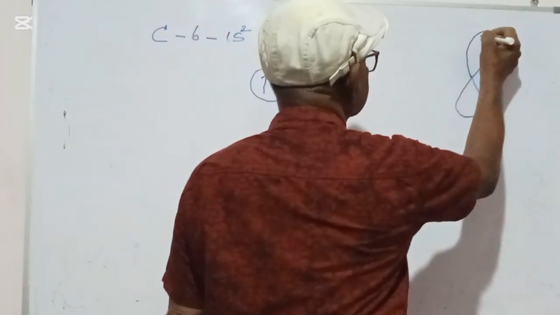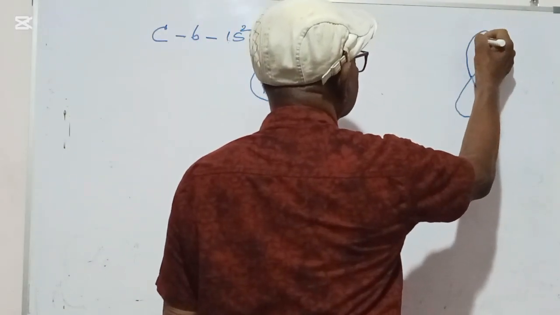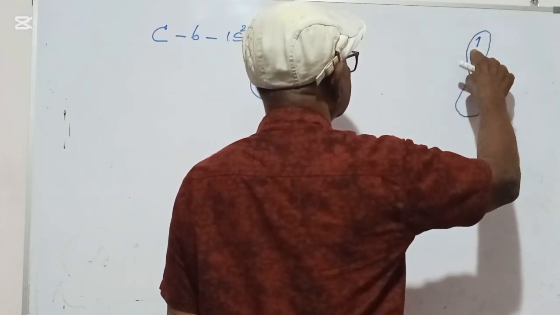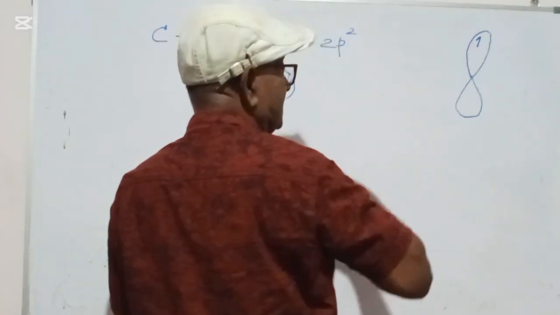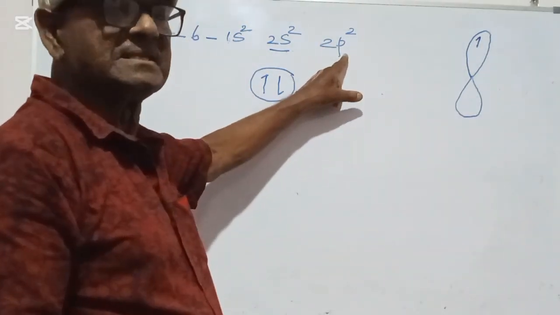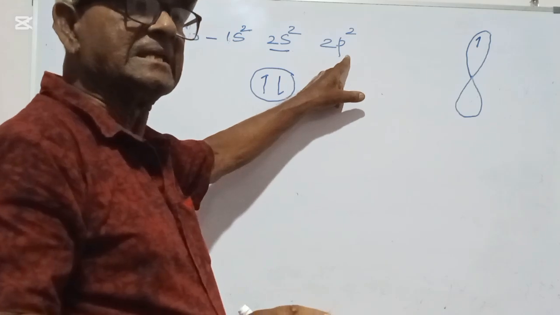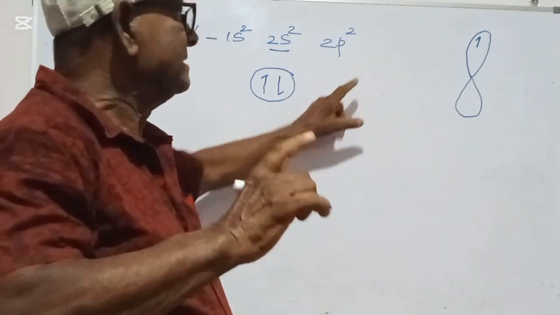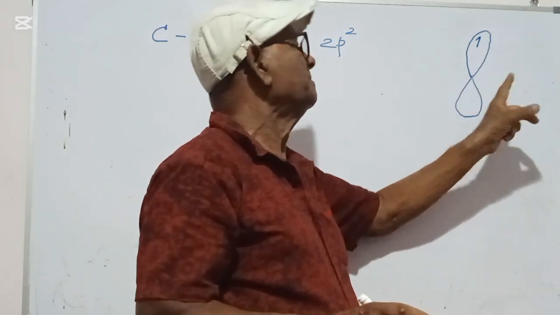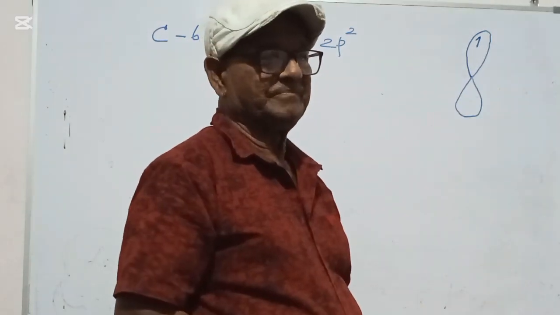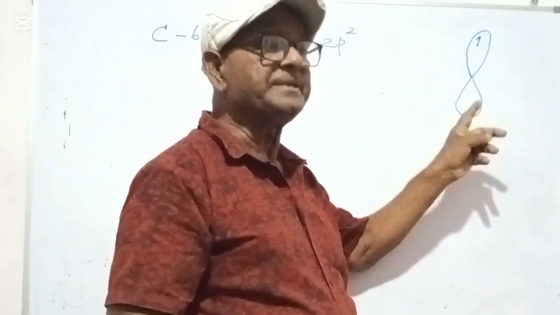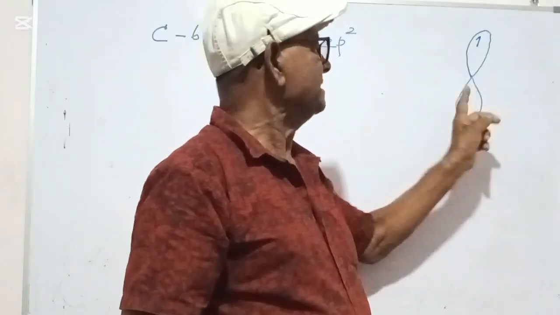So 2 electrons, one electron in each, right? How many p orbitals in the p sub-energy level? There are 3 dumbbell shaped p orbitals at the p sub-energy level.